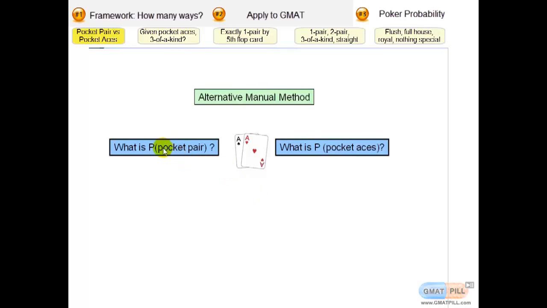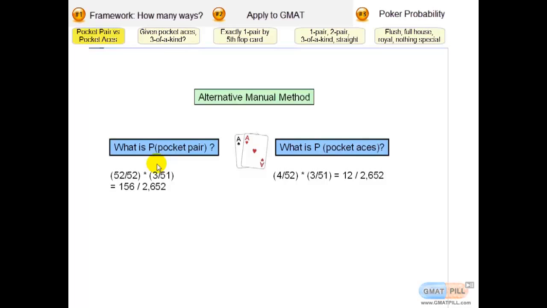So first, for pocket pair, you're doing this calculation, right? Your first card, you can pick any card out of that 52 card deck. So any card. So 52 over 52 times, and then once you pick that card, now you know that the next card has to be, in the entire deck, there's only 3 other cards that match what your first card is.